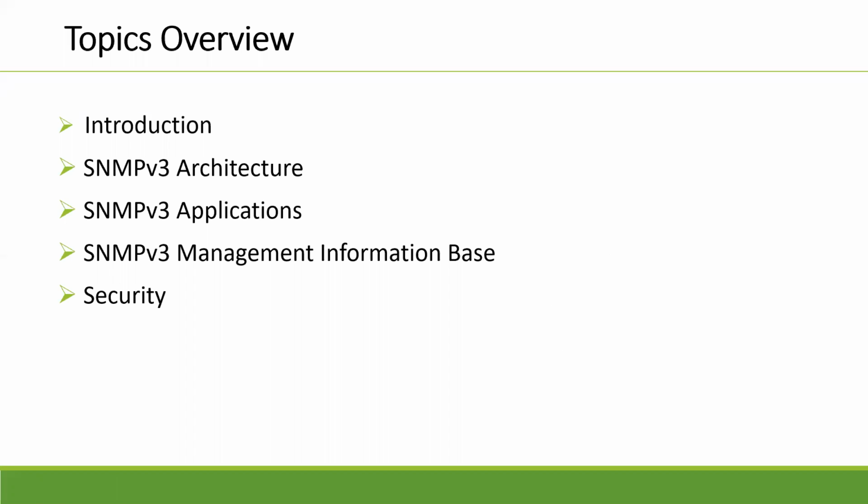With this video, we shall have an overview and introduction about SNMPv3. Versions 1 and 2 have some drawbacks, and we are going to overcome those drawbacks with the help of version 3.